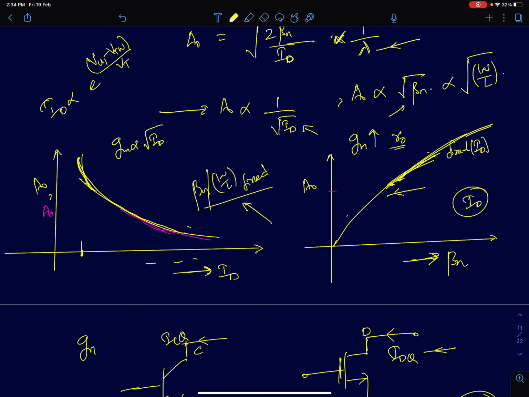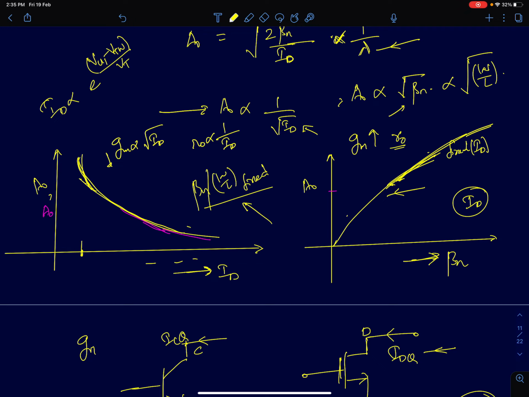But since R0 is proportional to 1 by ID, as I reduce ID, R0 is increasing at a much faster rate. So the product of GM into R0 increases with decreasing ID.